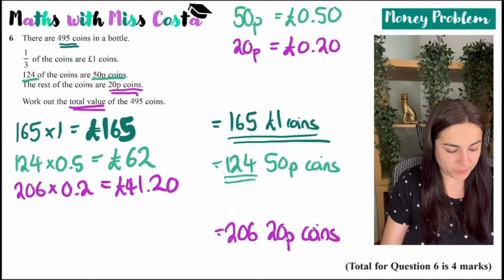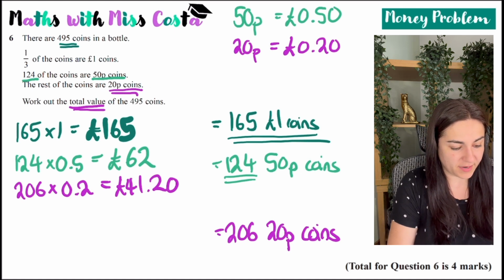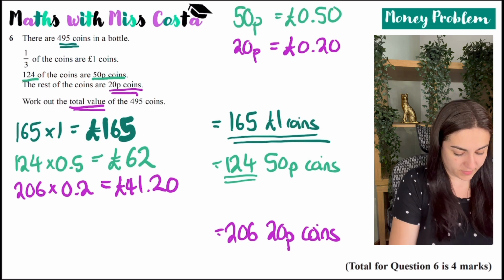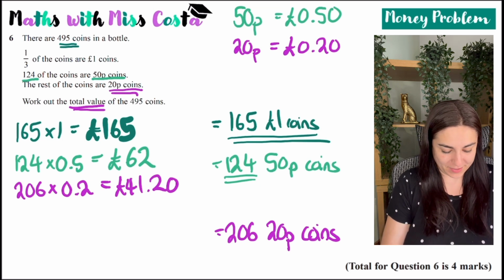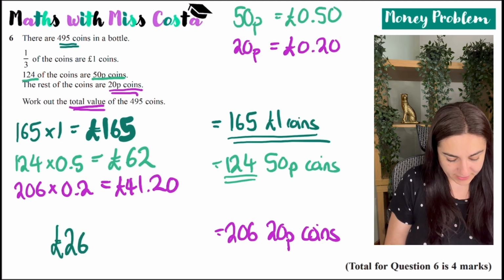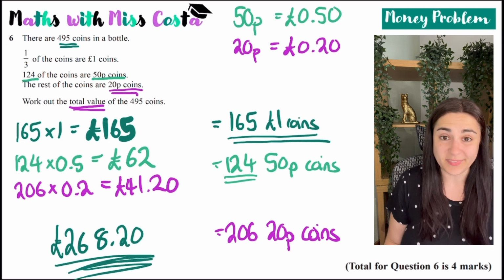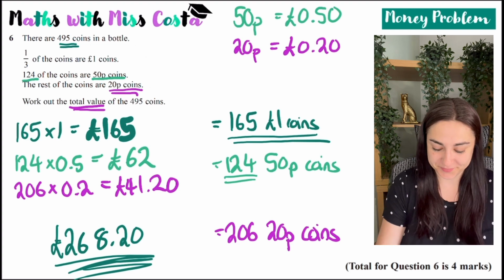So 165 plus 62 plus £41.20 is £268.20. I would say that's a good savings bottle.